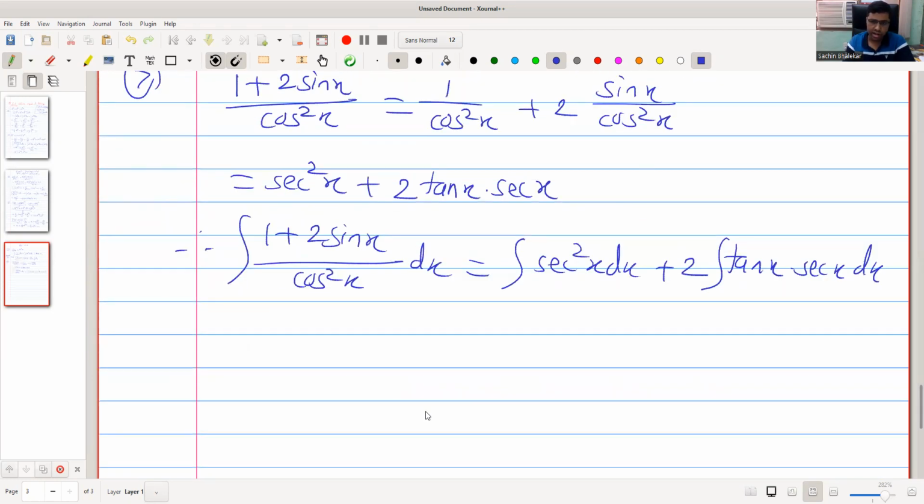Now these are standard results. The first is the integral of sec squared x, so it is tan x, plus 2 times the integral of sec x tan x, which is sec x, plus a constant.